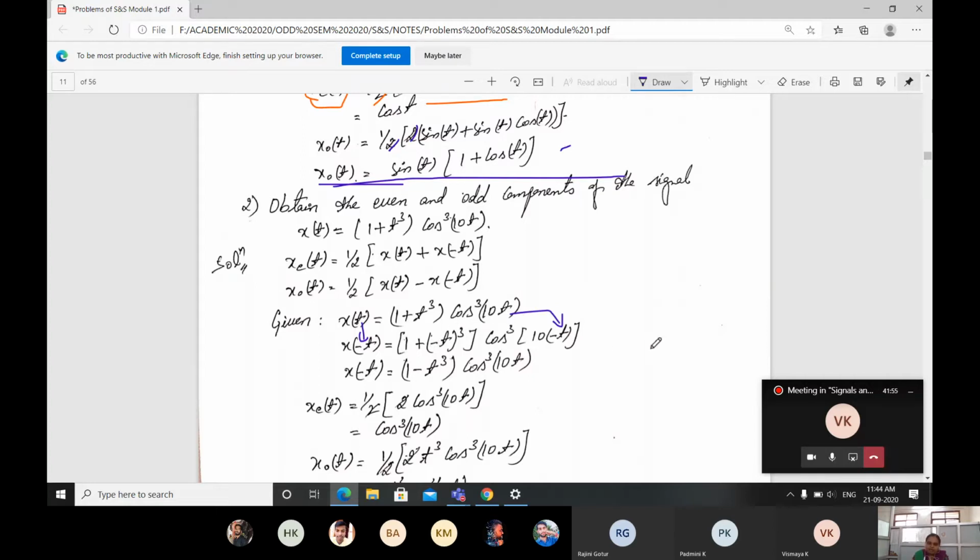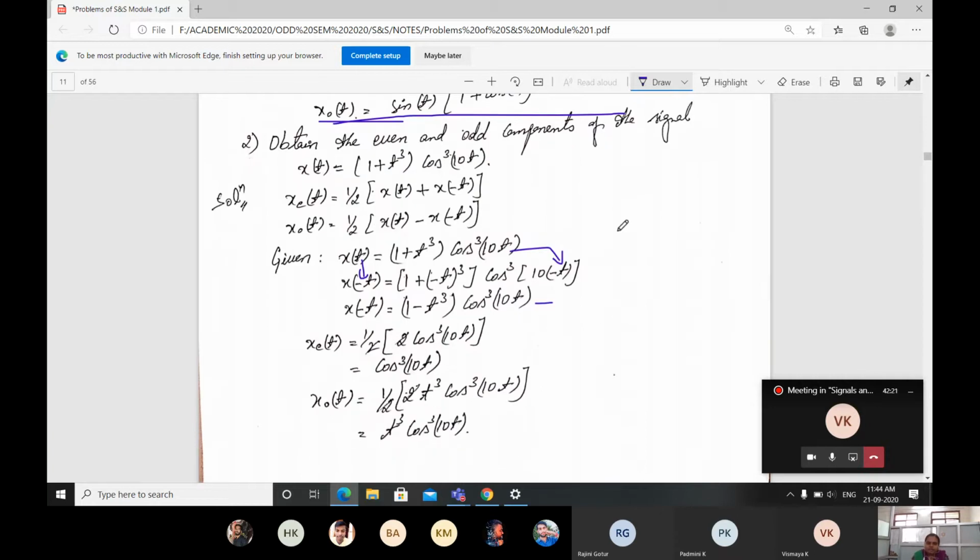Minus into minus into minus, you will get minus only, right? So minus t cube, then cos of minus 10t. Cos of minus 10t is of a positive, so you will get cos cube 10t only. Cos of minus theta is taken as cos theta only, for that reason.